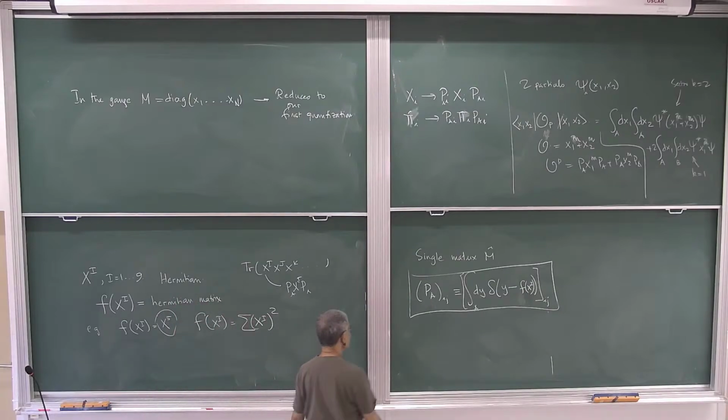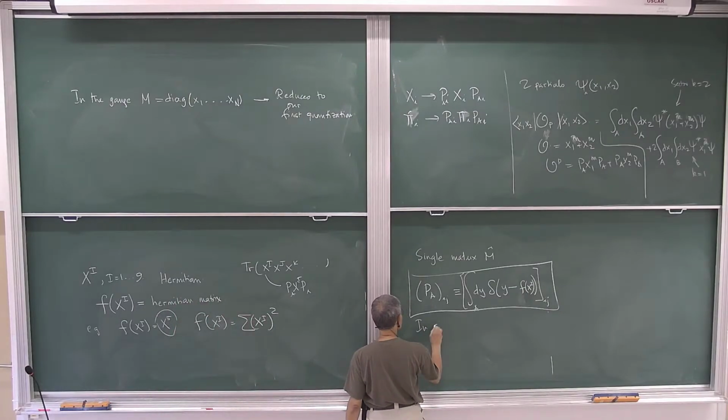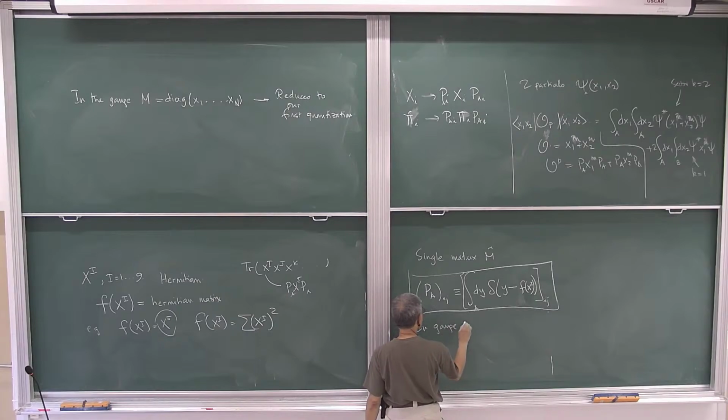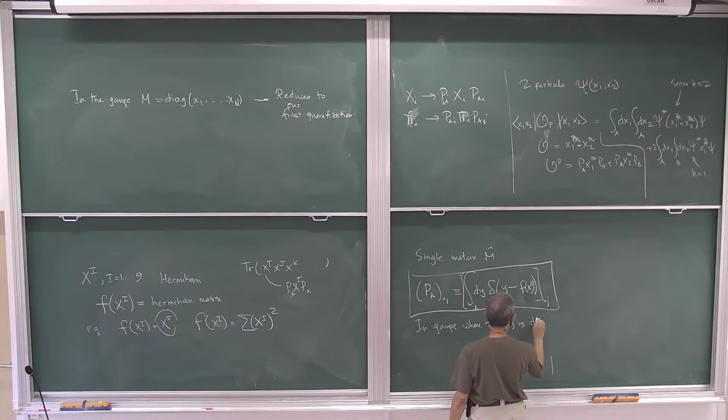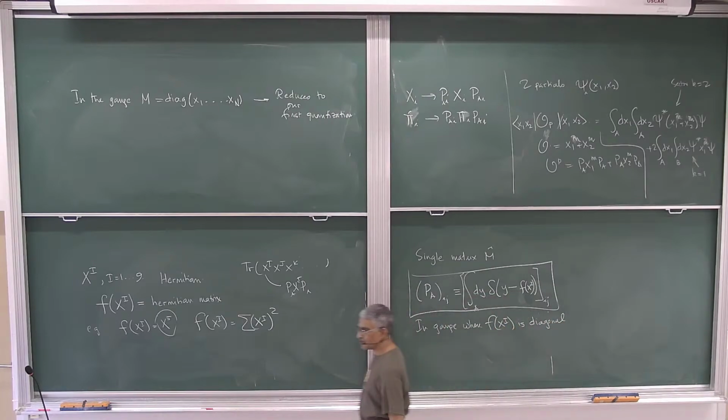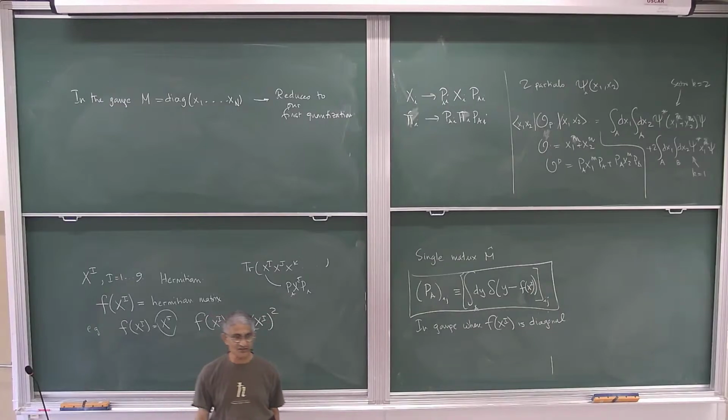In the gauge where f is diagonal, and since f of Xi is taken to be a Hermitian matrix, the diagonal entries are real numbers.